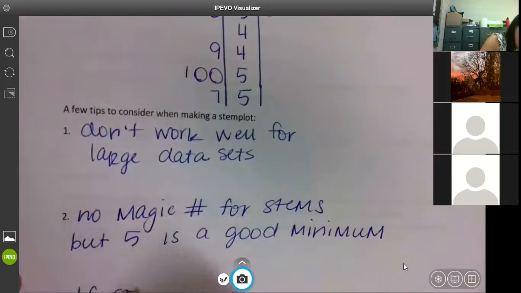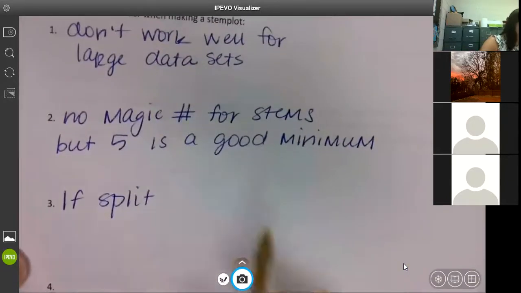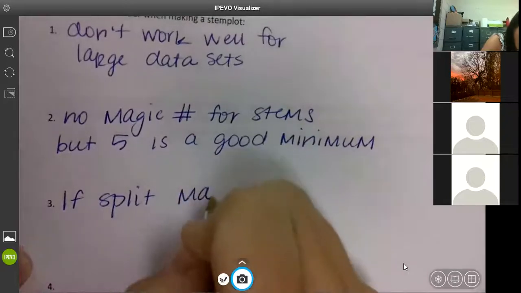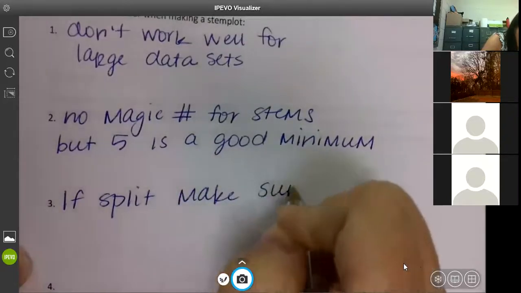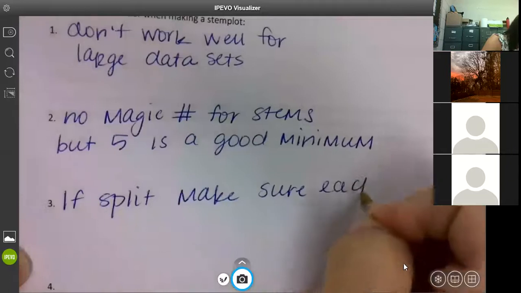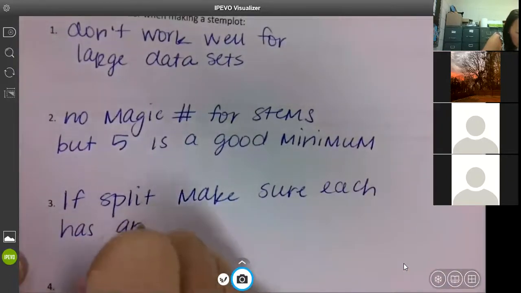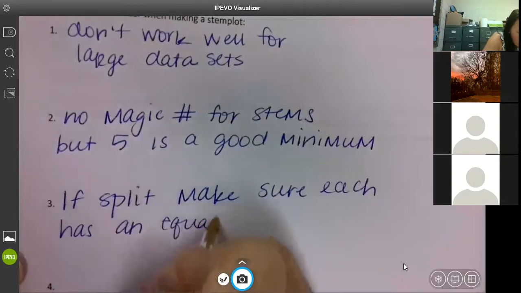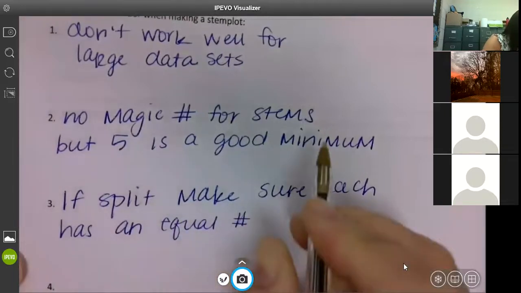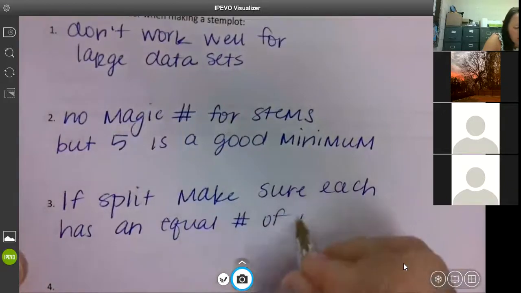If split, like we just did on the males and females, make sure each has an equal number of possible leaf digits.